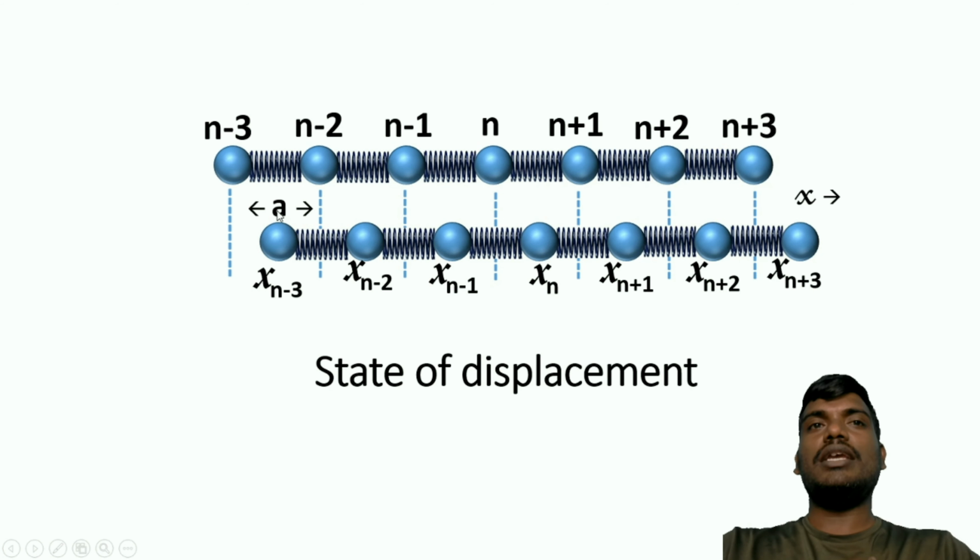The displacements are x n minus 3, x n minus 2, x n minus 1, x n plus 1, x n plus 2, x n plus 3, and so on.